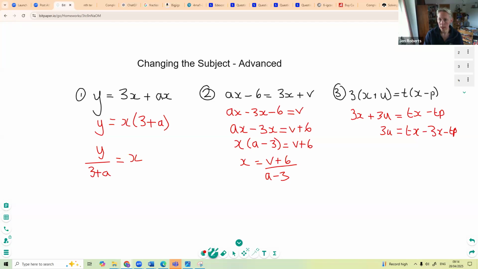What's the opposite of subtracting TP? Adding TP to both sides. I'm going to factorize by taking an X out. And then I will divide both sides by T minus 3.